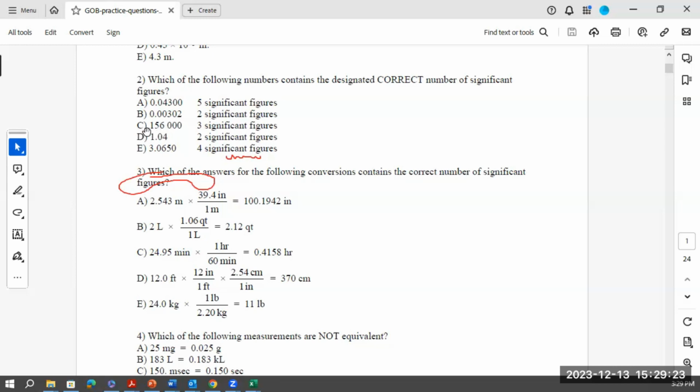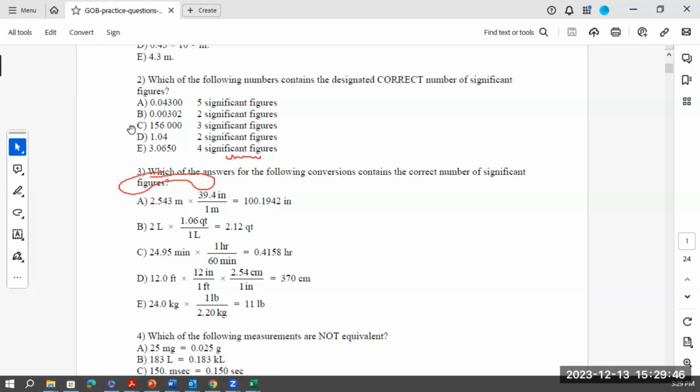Now, what about here? How many sig figs do we got here? Let's see. We have 3, right? So that one is the correct answer because it has the correct number of significant figures. Those zeros are showing, and they let us know the value.